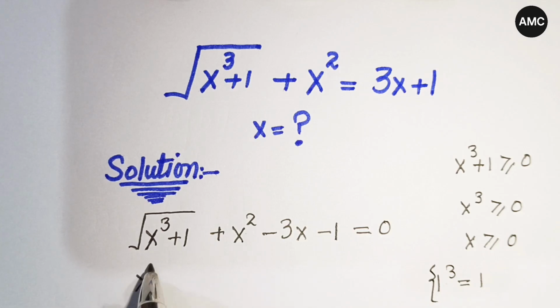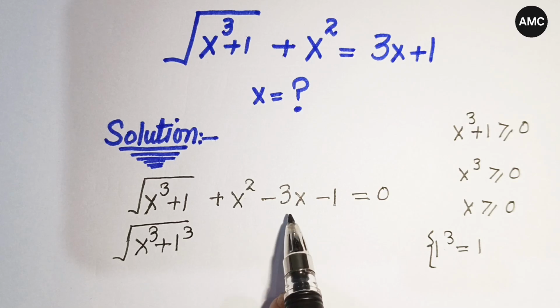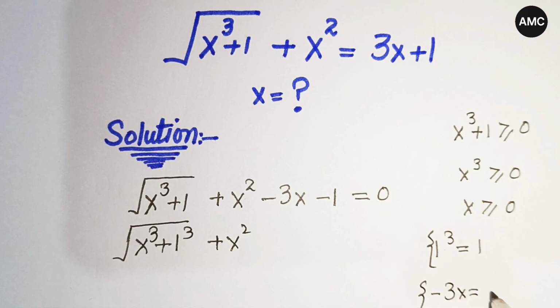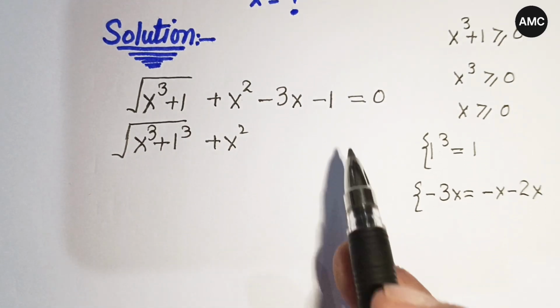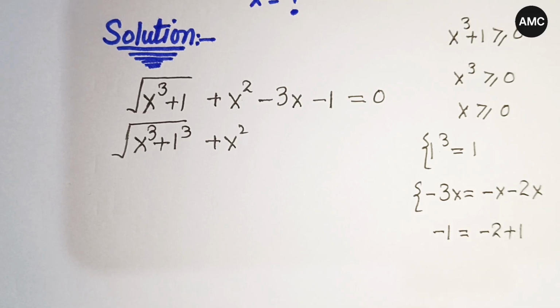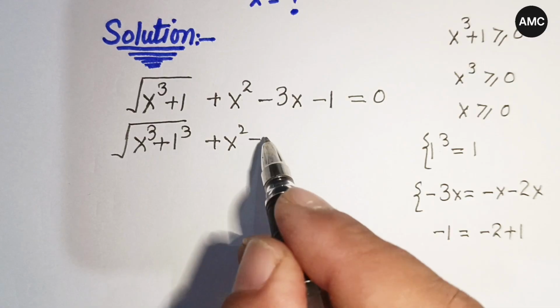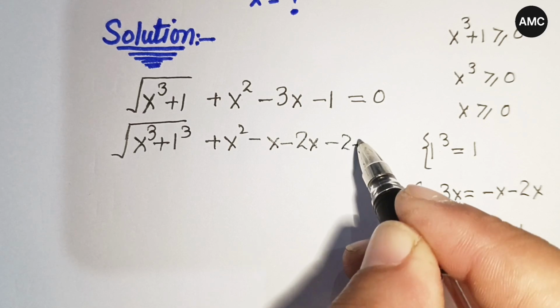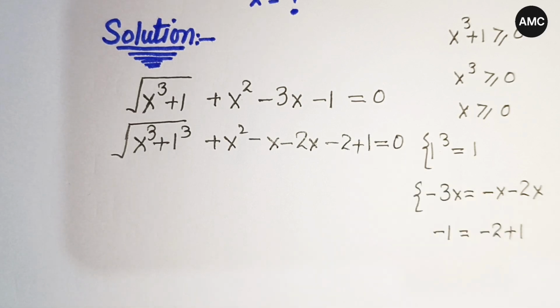So we have x cubed plus 1 cubed, plus x squared, and now we split minus 3x as minus x minus 2x. Similarly, we can write minus 1 as minus 2 plus 1. So minus 3x will be minus x minus 2 times x, and minus 1 will be minus 2 plus 1, is equal to 0.